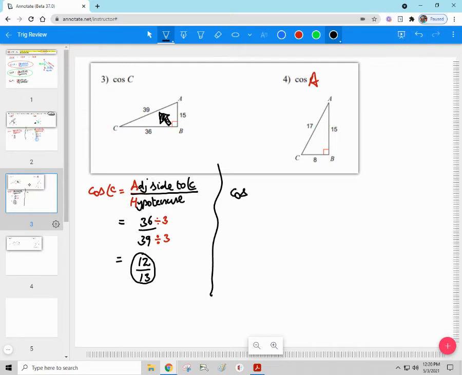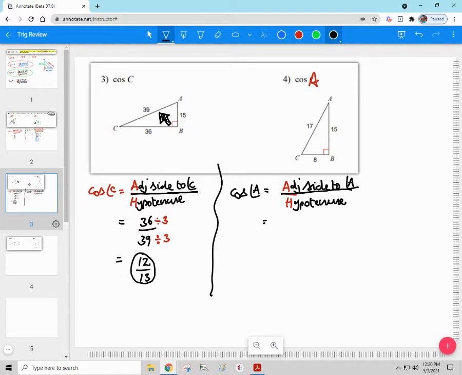Cos A. Cos A equals, remember SOHCAHTOA, so CAH. Here A stands for adjacent side. Therefore, the adjacent side to angle A over the hypotenuse.